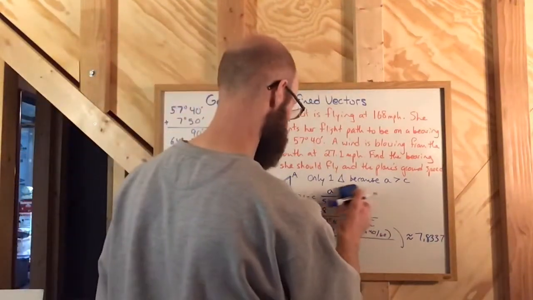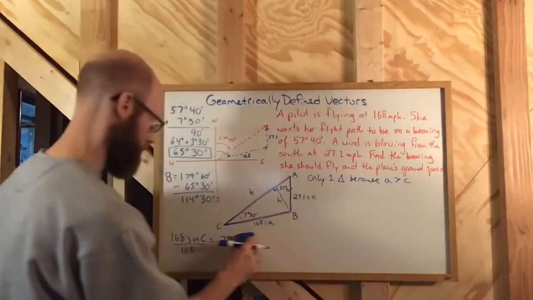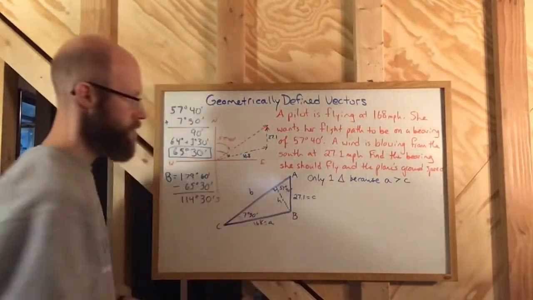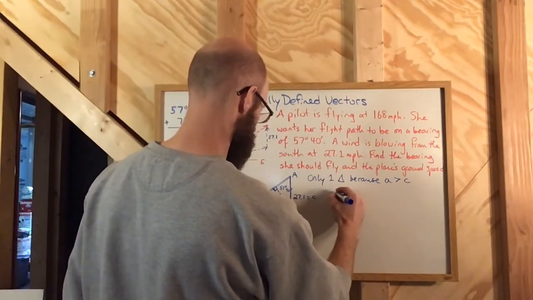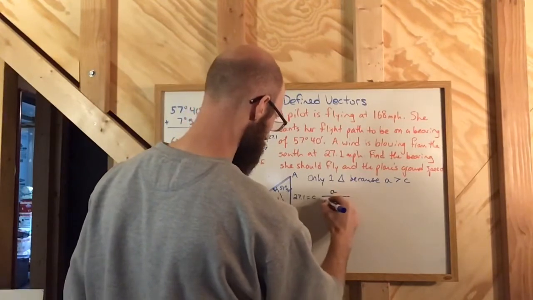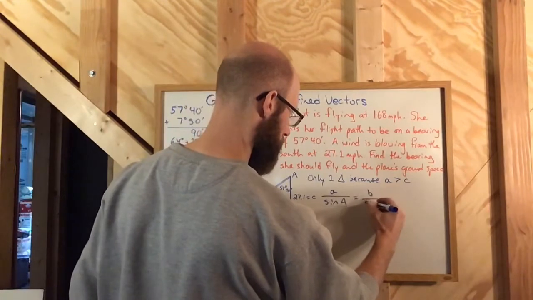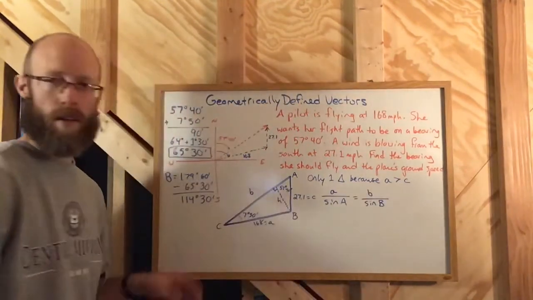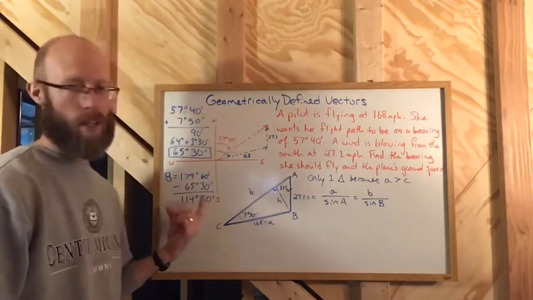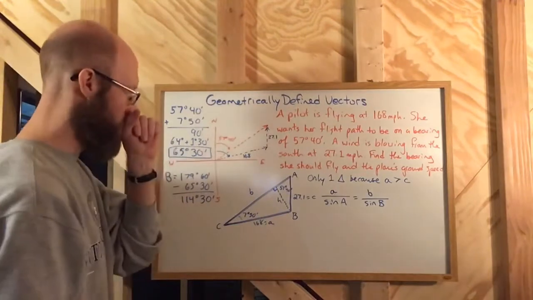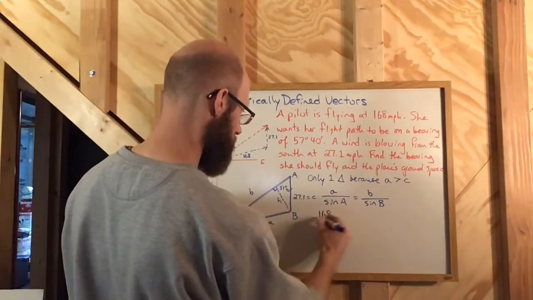So let me erase a little bit of this work from the previous angle, and we'll substitute everything in that I need. So now I'm going to go with side A over the sine of angle A equals side B over the sine of angle B. Now I'm going to have to just accept the fact that there's a little rounding error in here because I'm not going to go back and try to use all the decimals. Okay, so side A is 168.